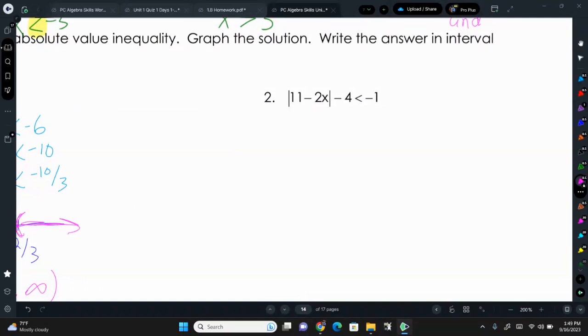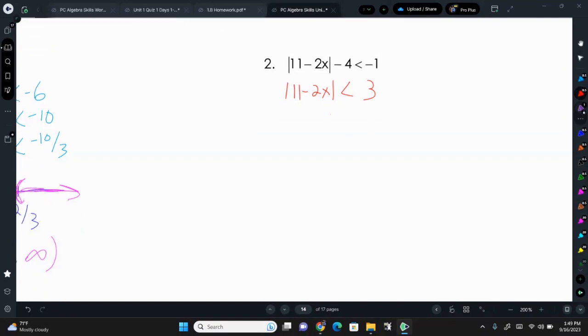Right. This one, the absolute value is not by itself, so the first thing we have to do is add 4 to both sides, and we get the absolute value of 11 minus 2x is less than 3. Now we can split this up into our two inequalities.